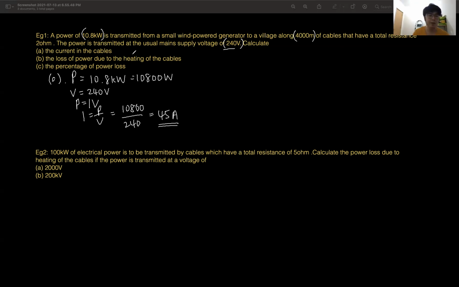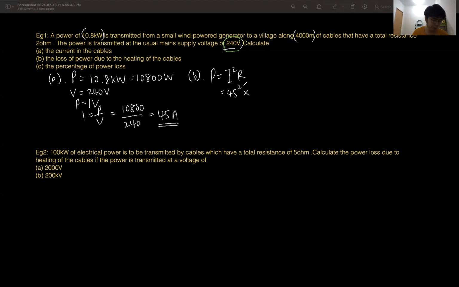The loss of power due to the heating of the cable, which formula do we use? P equals I square R. Okay, if you use P equals V square over R, then you need to be careful with this voltage. This is not this. So we use I square R and we find the current, 45 square into the resistance.